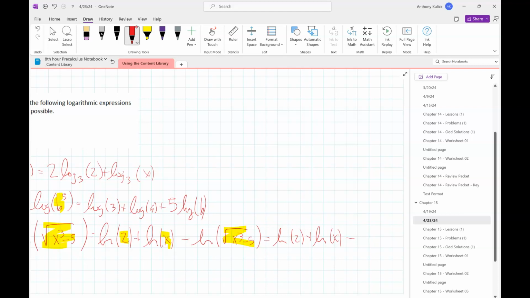I'm asking intentionally because this is an easy place to make a mistake. Not 0. The square root of x cubed minus 5 means x cubed minus 5 all to the 1/2. So the power is 1/2.